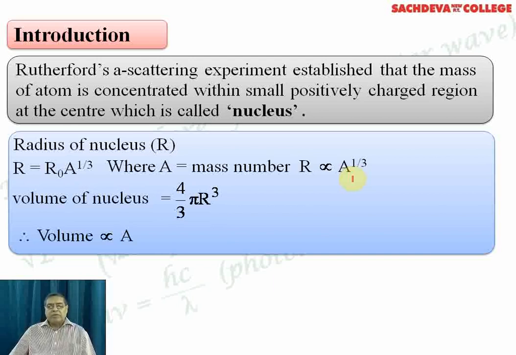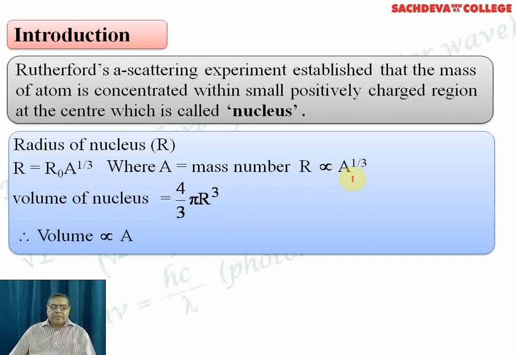So our net formula becomes r naught A for r cube. And it will be estimated that the volume of the nucleus is directly proportional to the nucleon number. If the nucleon number, that is proton plus neutron number, is more, the volume will be more.